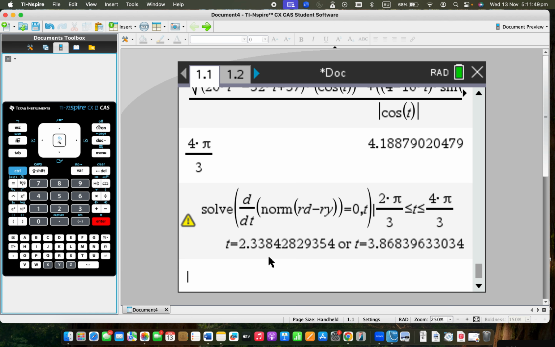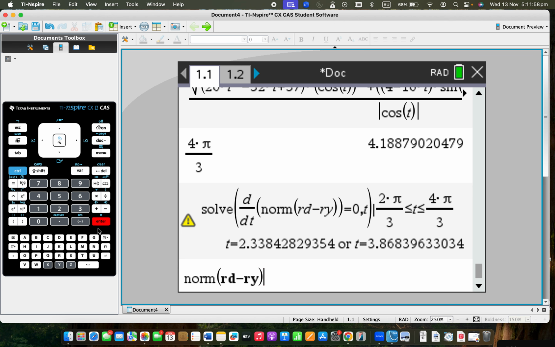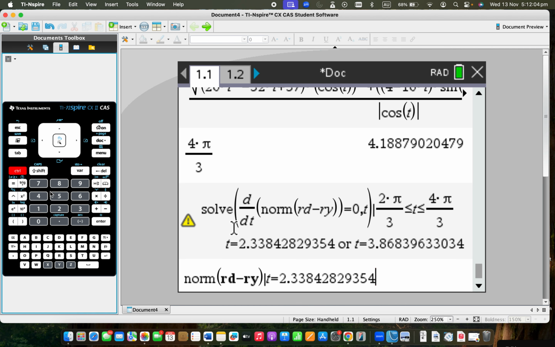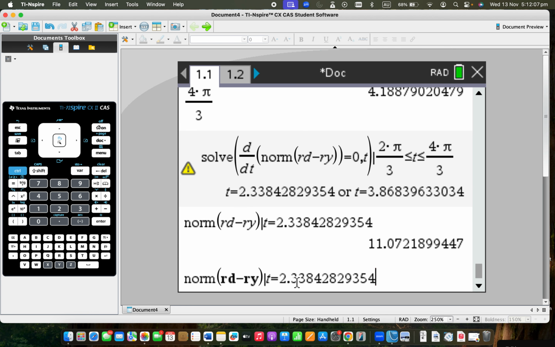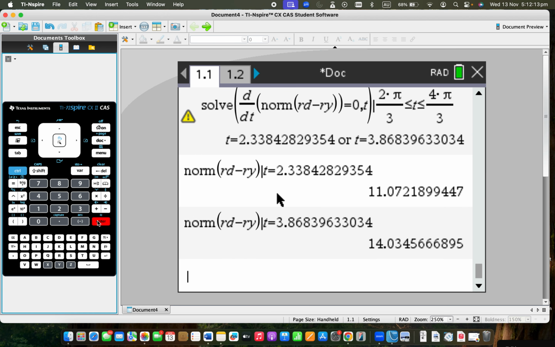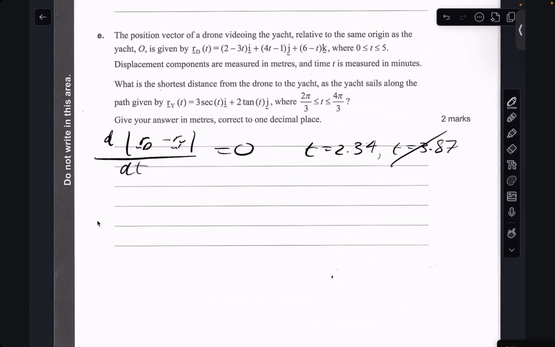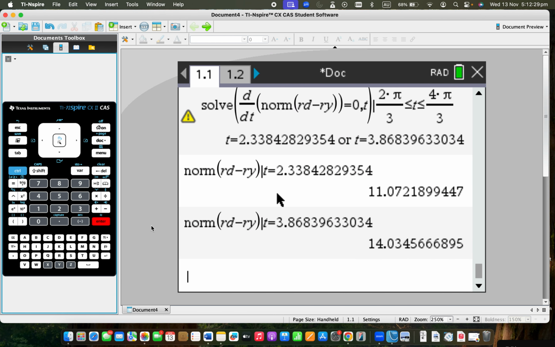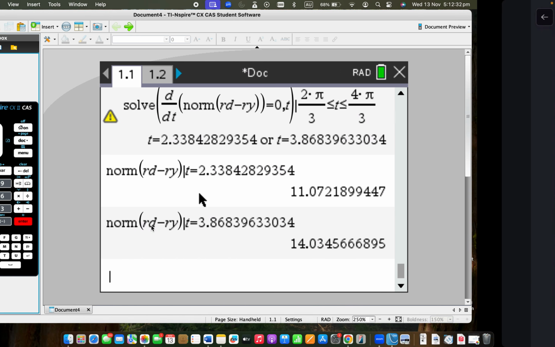So t is 2.34 or t is 3.87. Now what's the distance for each of these? So the minimum happens at 11.07.